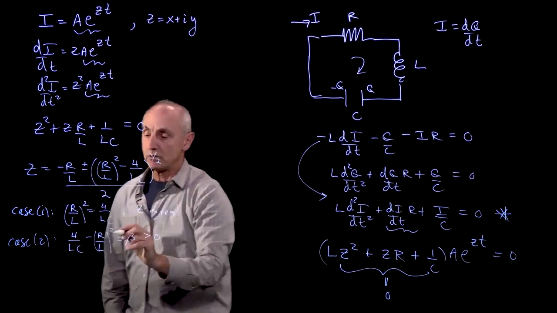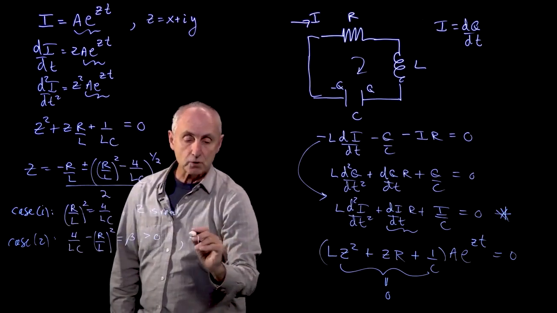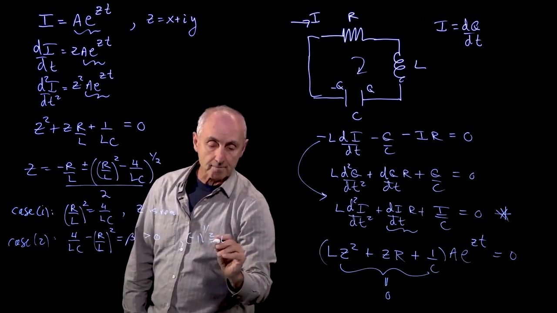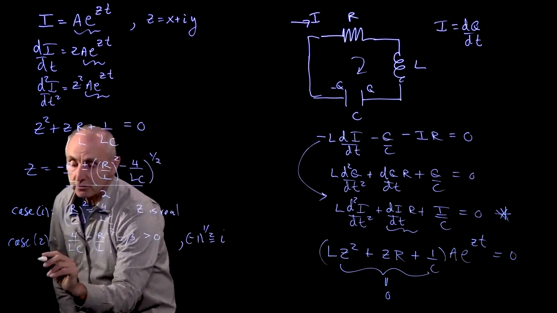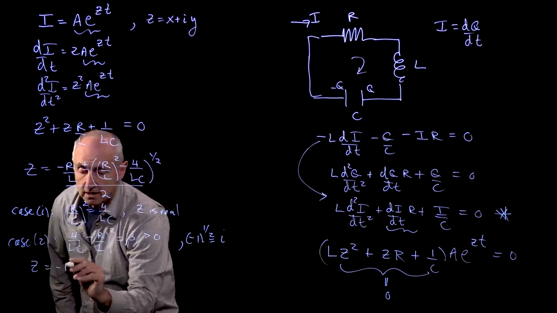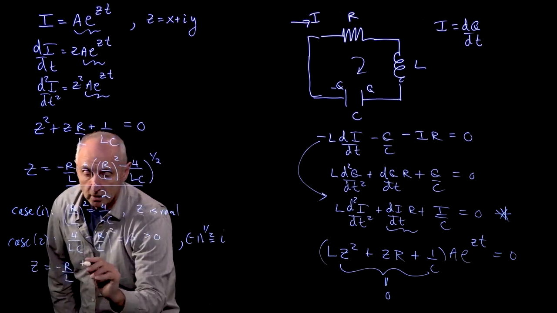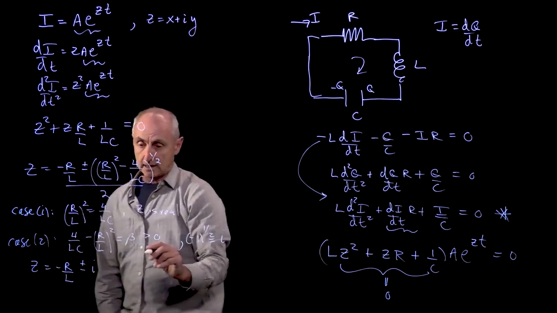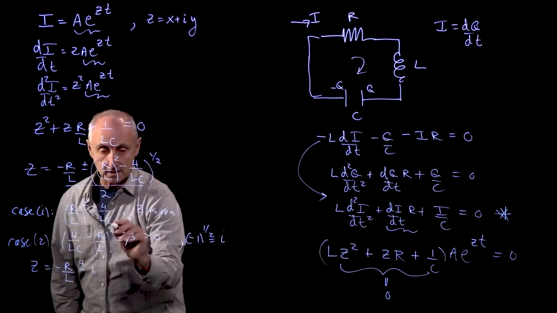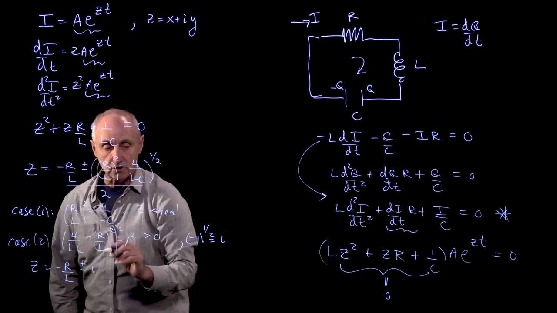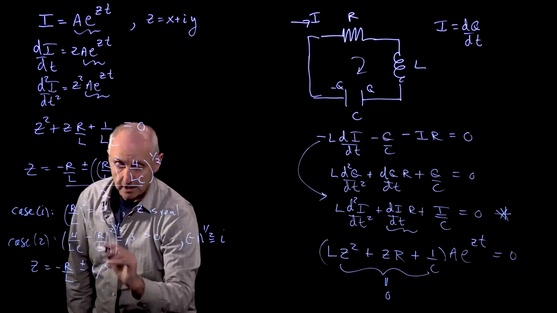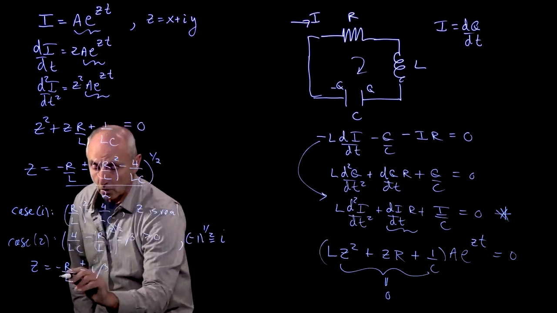And if you remember that the square root of minus 1 is i, then we have the solution Z is a real part plus or minus i times beta to the 1/2, all over 2.